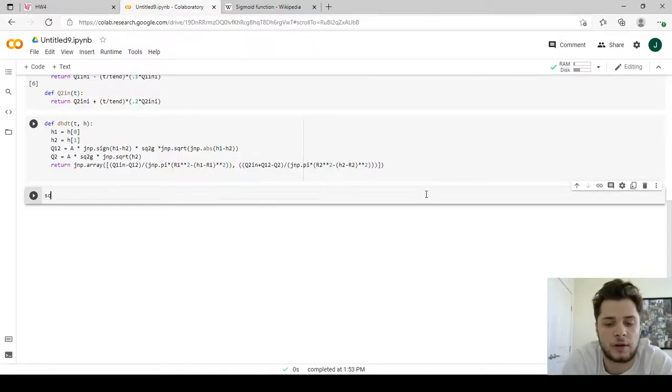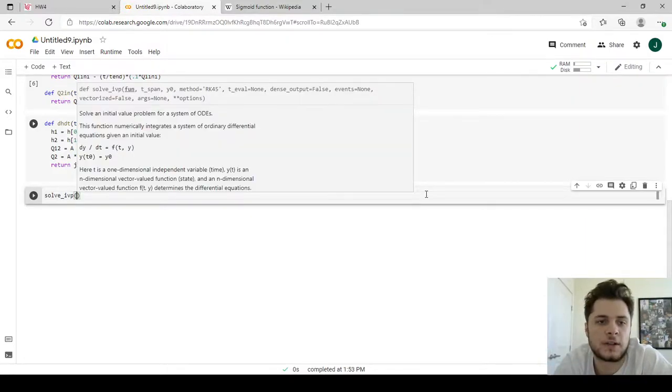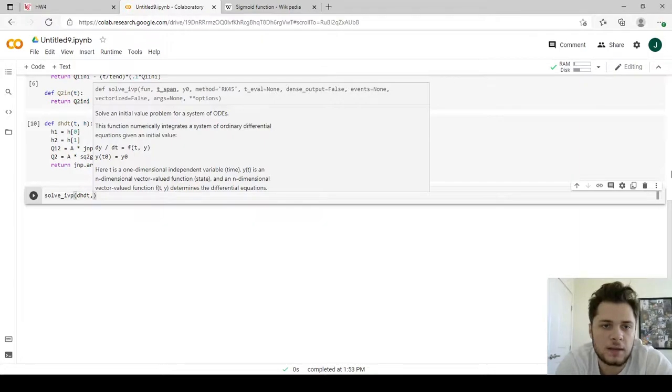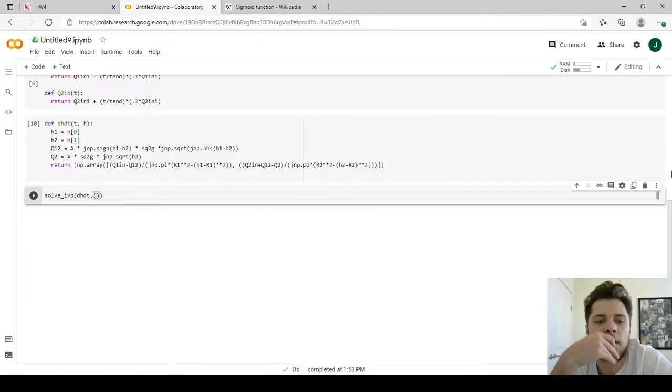So we'll go solve IVP. And so the first thing we want to do is put in the right side of our equation, so dH/dt, that function. The second thing it's calling for is our span over what we're integrating. So from 0 seconds to t end, which was going to be 500 seconds.